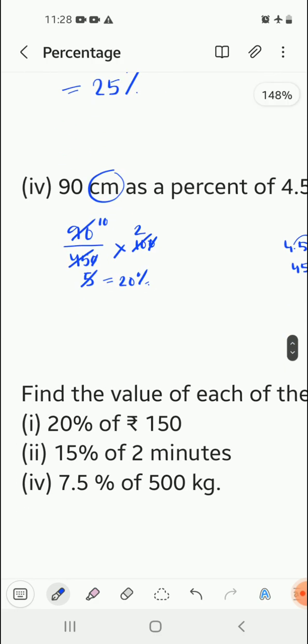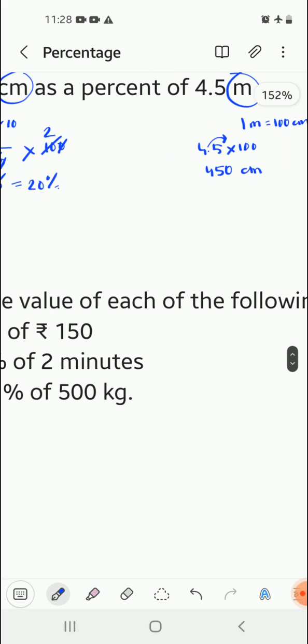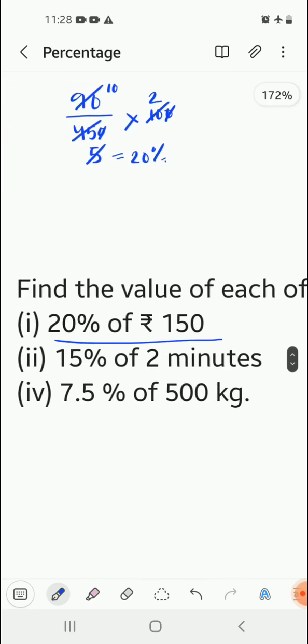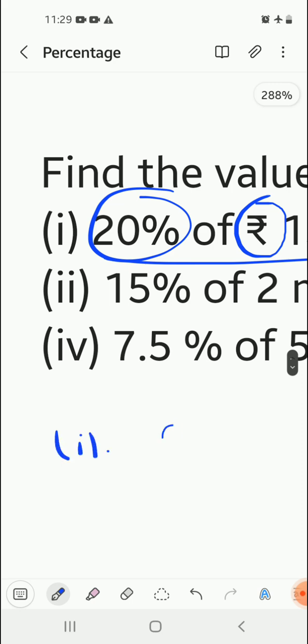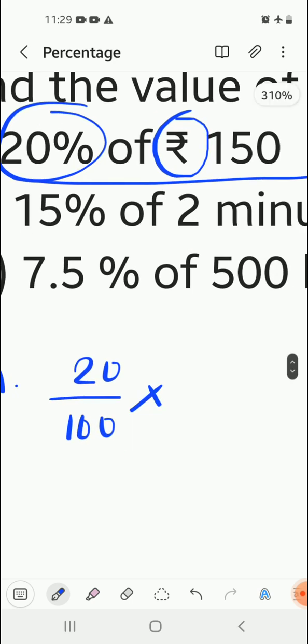Next, we have to find the value of each of the following. 20% of 150. So here we have to find 20% of rupees 150. You have to remember, because we are finding in terms of rupees. So what we need to do is, 20% means 20 by 100, into 150.